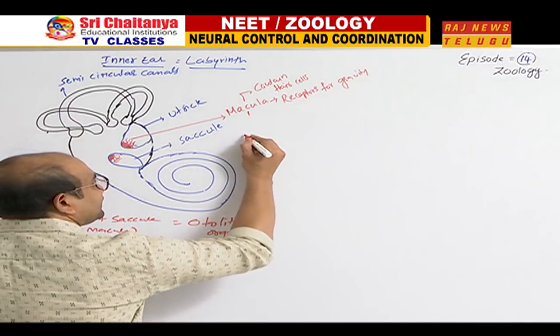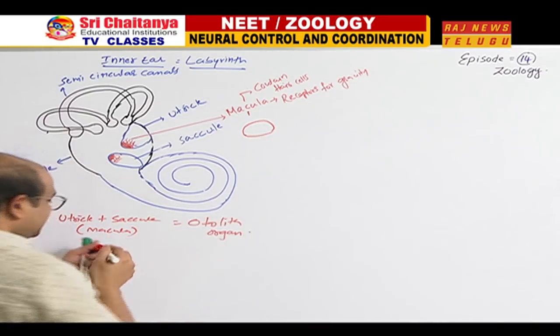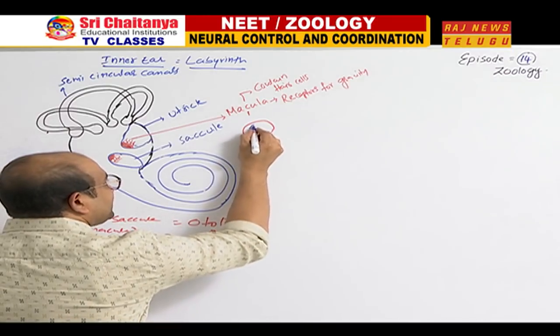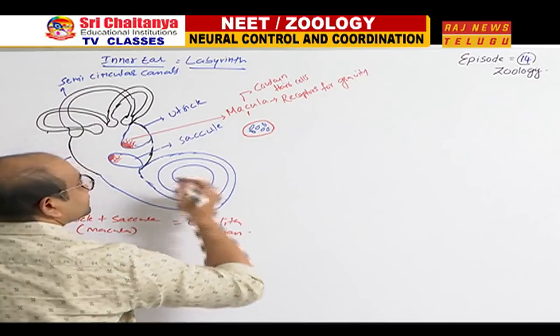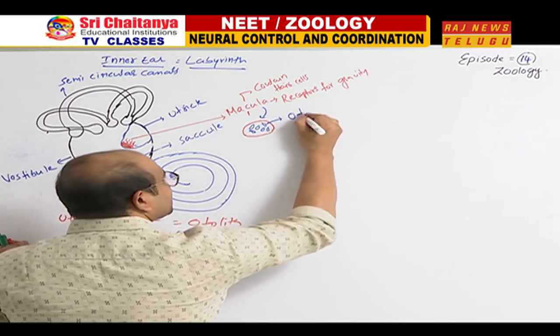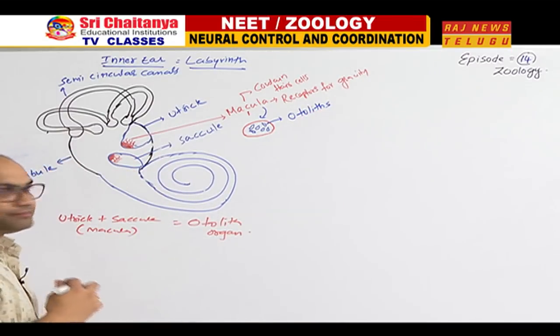See, if I enlarge one macula region, within the macula region there are white colored calcium carbonate crystals present. This is macula, and these calcium carbonate crystals are known as otoliths, also called otoconia.